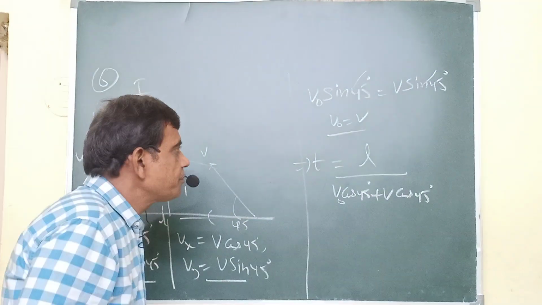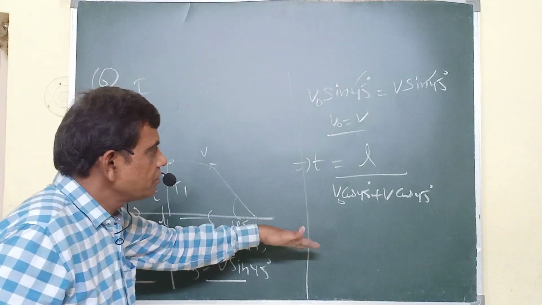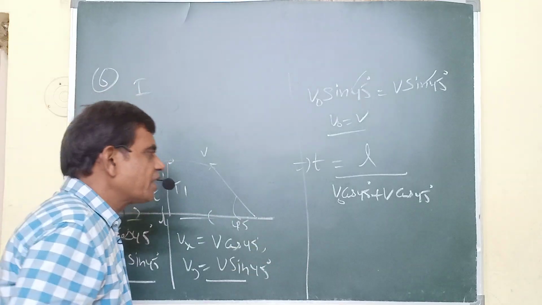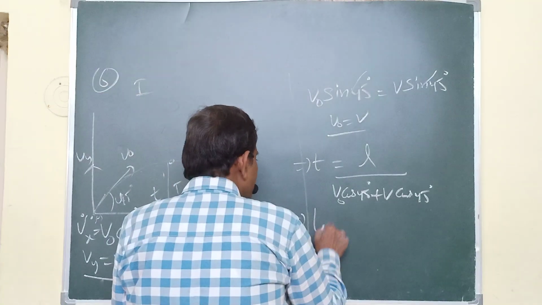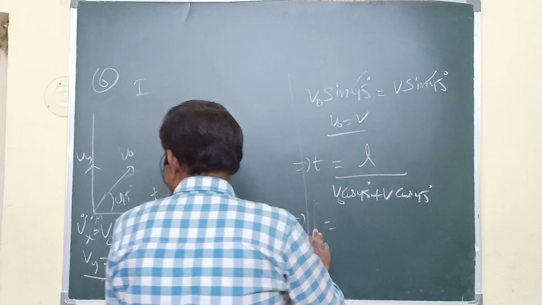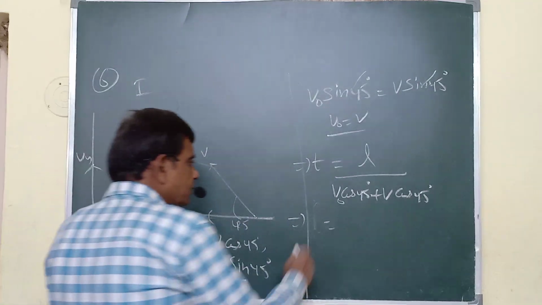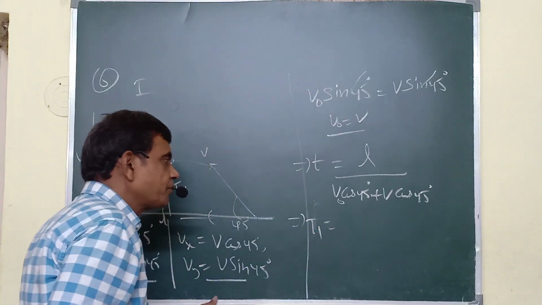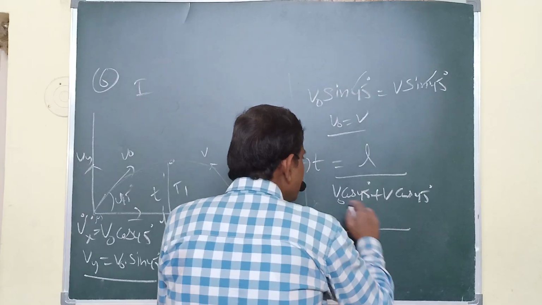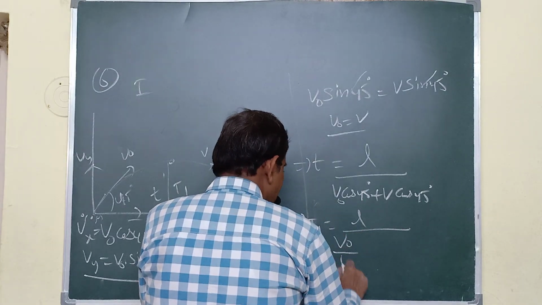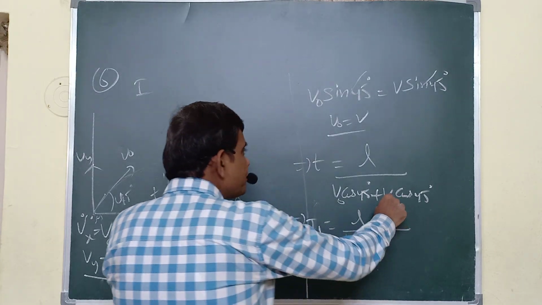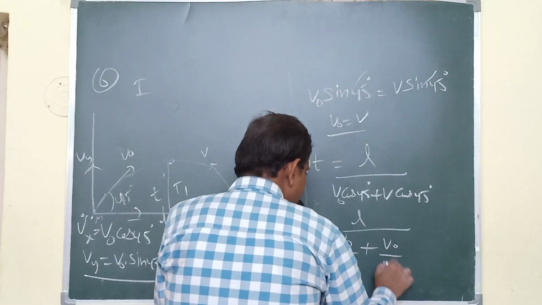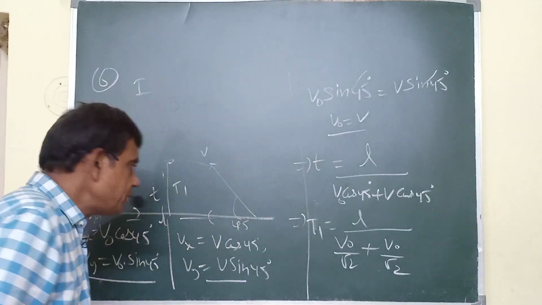Here V0 equals V, so you can take either one. I am taking V. So the time, which I call t1, equals L by V0 by root 2 plus V0 by root 2.